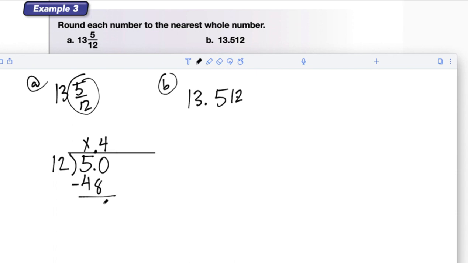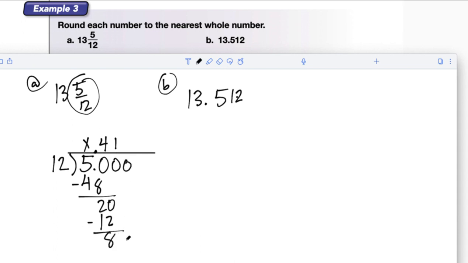And I just keep moving and grooving until I get enough numbers that I think I can make a good approximation of what's going on. Or I could just do it till I'm done. Let's see what happens. So 4, we get this 2, we put the 0 down, 12 goes into 20 one time. Then we get 8.